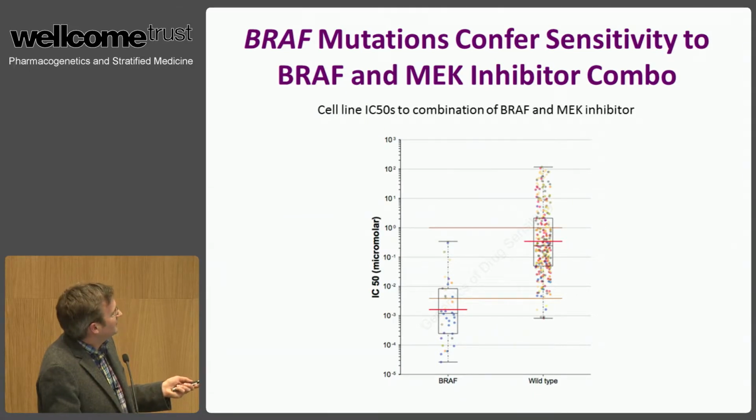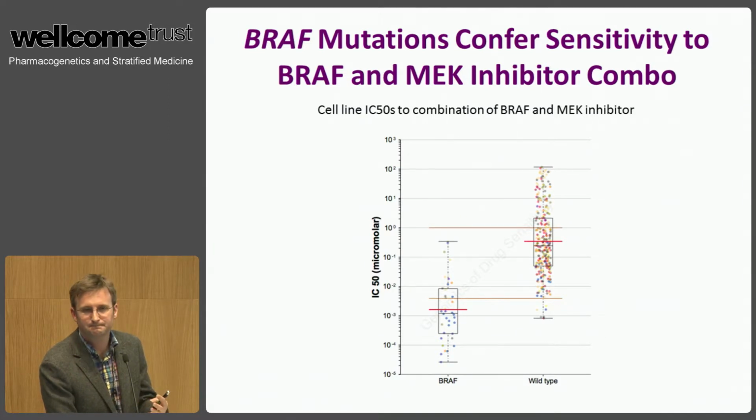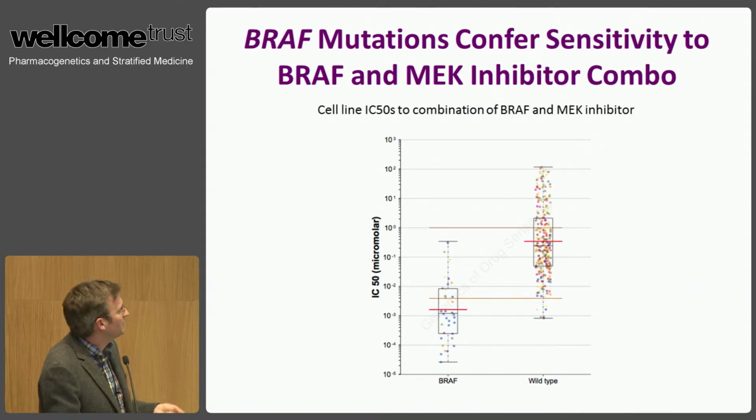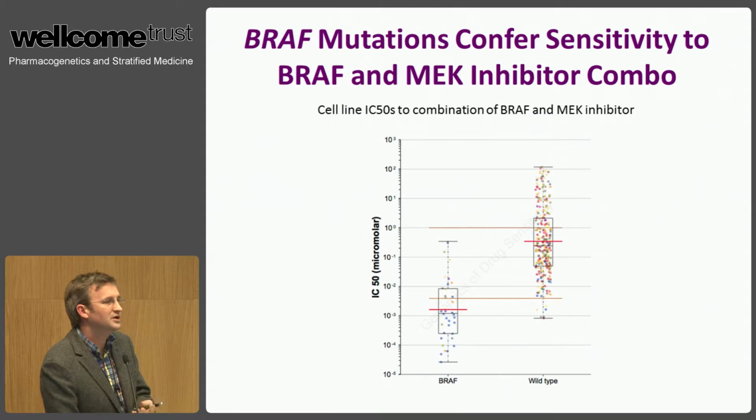So what you have here is each circle represents the IC50 of an individual cell line, and the color represents the tissue type from which it was derived. And hopefully what you can see is that on average, if you have a BRAF mutation, the cells are more sensitive to this particular combination of drugs.